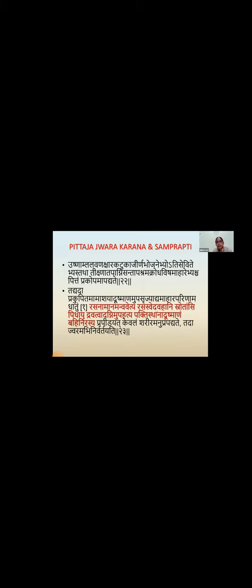Similarly the pittaja jwara has the same type of pathology or samprapti: rasanam anvetya rasa svedavahini shrotamsi pidhaya, dravatvad agnim upahatya. So here what happens? One thing is that pitta is also in the same drava form. Whenever there is an obstruction with the ahara rasa, and because of the dushita or prakopita pitta, there will be a quantitative increase of pitta here.